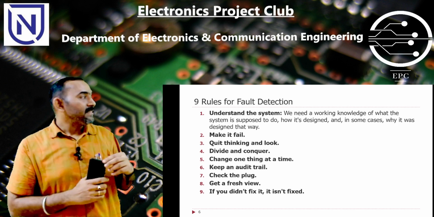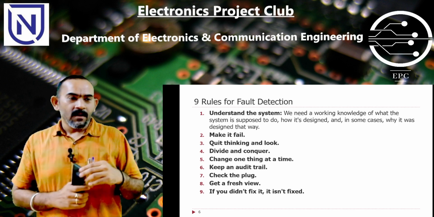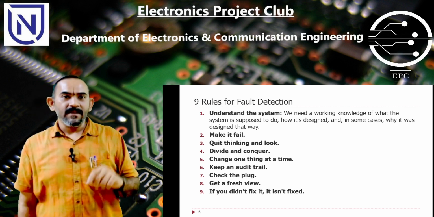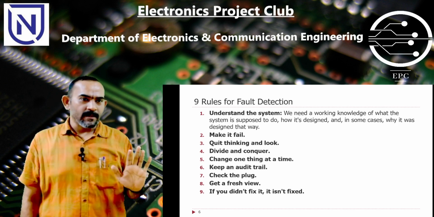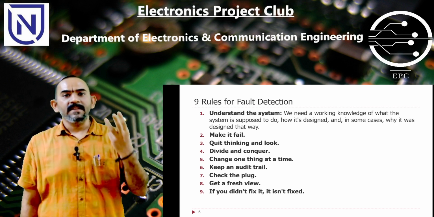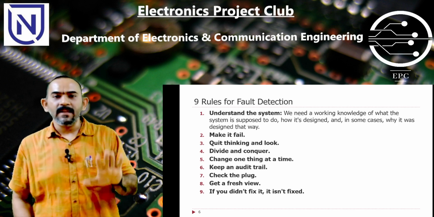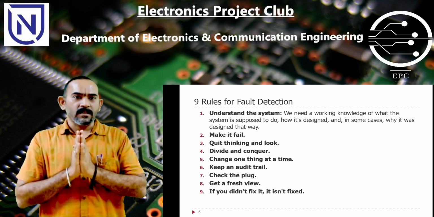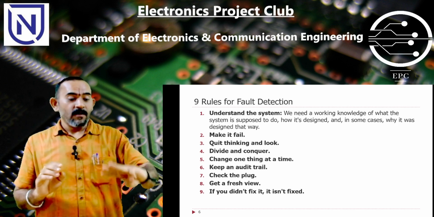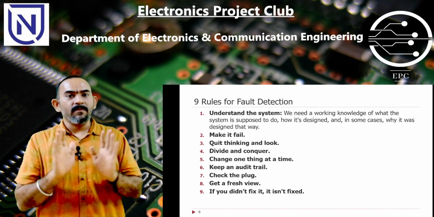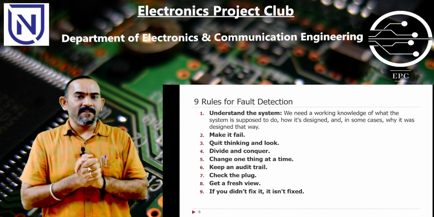The next one, change one thing at a time. Say I found that 3 resistors were not mounted properly in the defective board I got. So now I know there is a defect, and I found that 3 resistors are not properly connected or the values were slightly different.